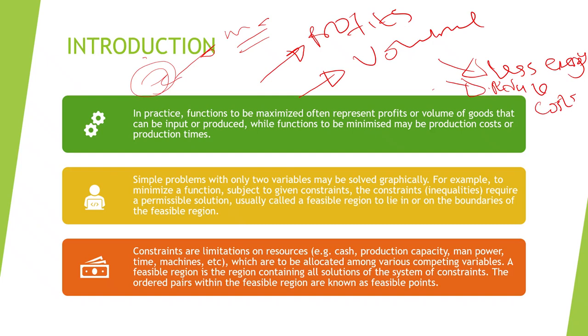There are a lot of methods that you can use to optimize, but at your level, you use linear programming. So we have computer softwares that can also help us to optimize.